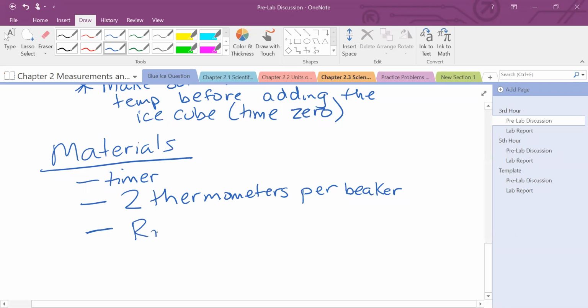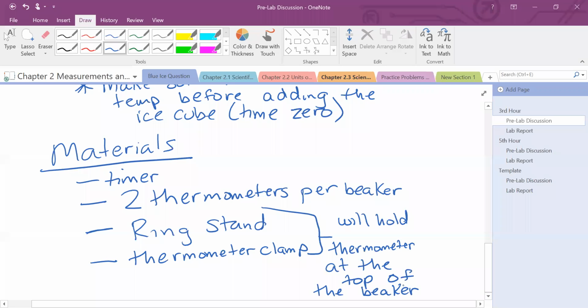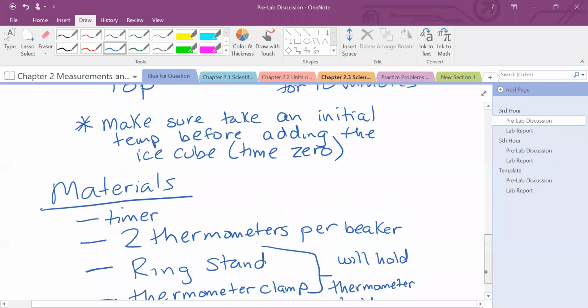So we're going to use a ring stand, thermometer clamp, and this will hold the thermometer at the top, so you don't have to sit there and hold it yourself. Anything else you think we need?